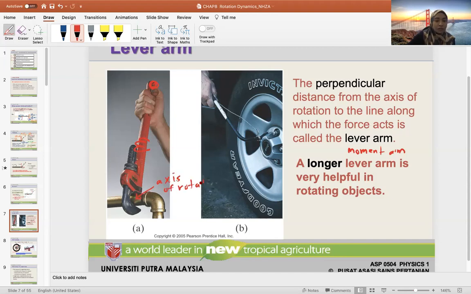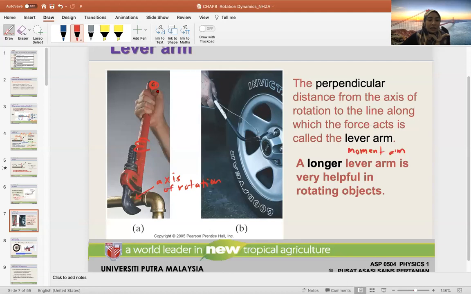This is because we are dealing with torque, and torque becomes greater when your R is greater. So kita selalu nak R yang besar untuk get a greater torque, to get a greater rotational motion. Kita nak buat rotation, so kita nak yang paling besar. So we want our R to be extra big.